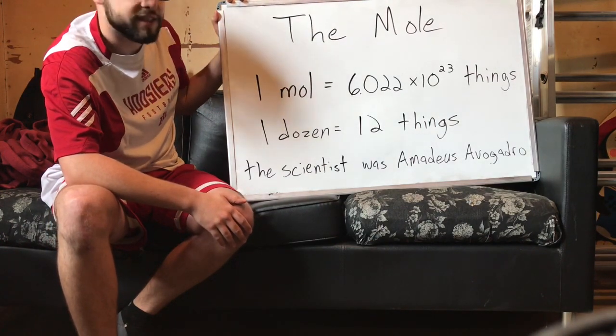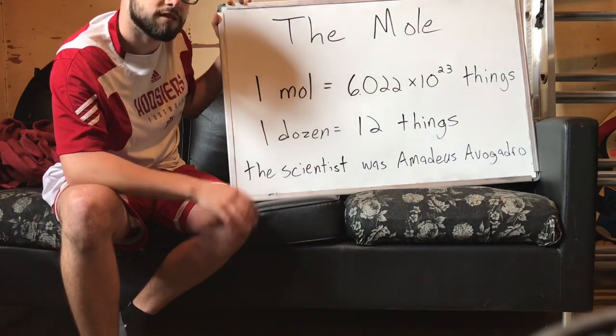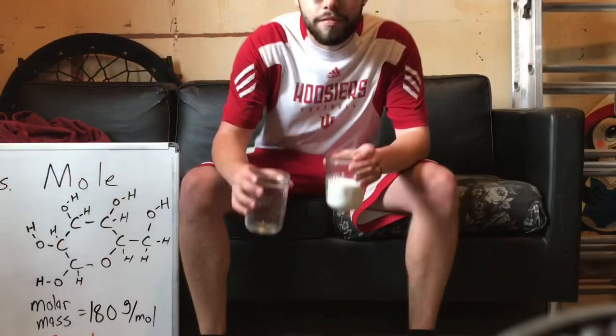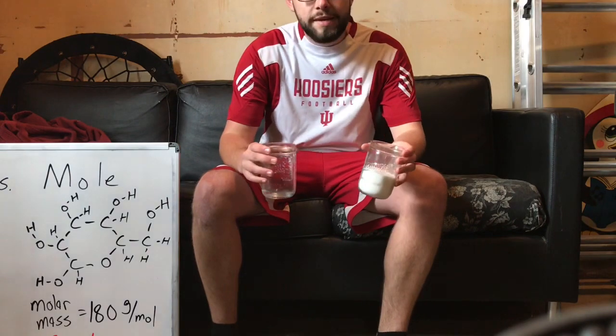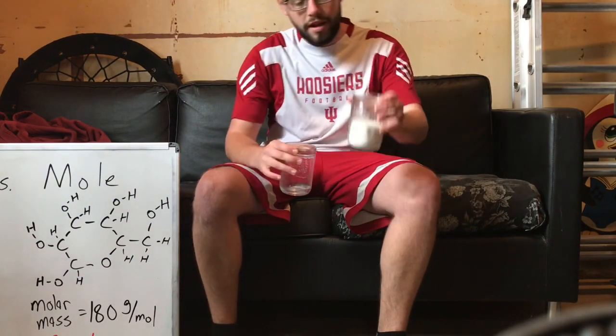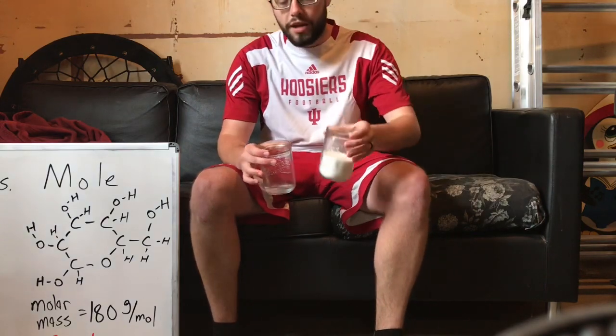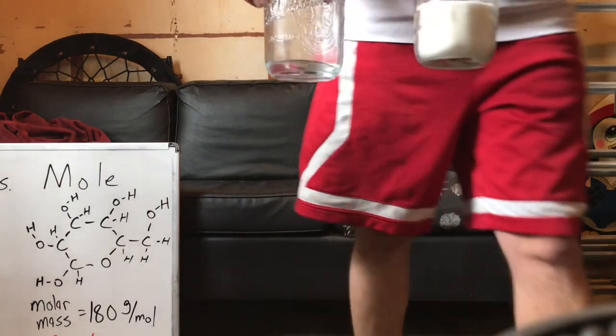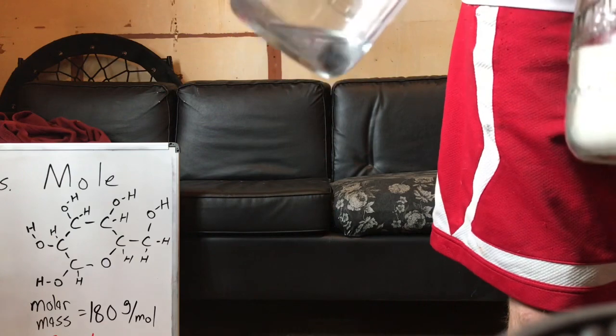Let's take a look at some examples. I've actually got some moles here with me now. So I've got 2 examples of moles right here. I've got a mole of water and a mole of sugar. And you can see that these are pretty different in their amounts.